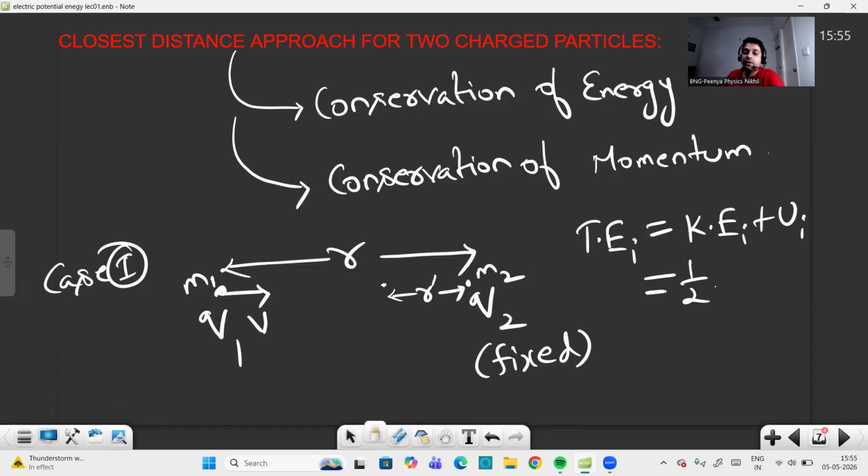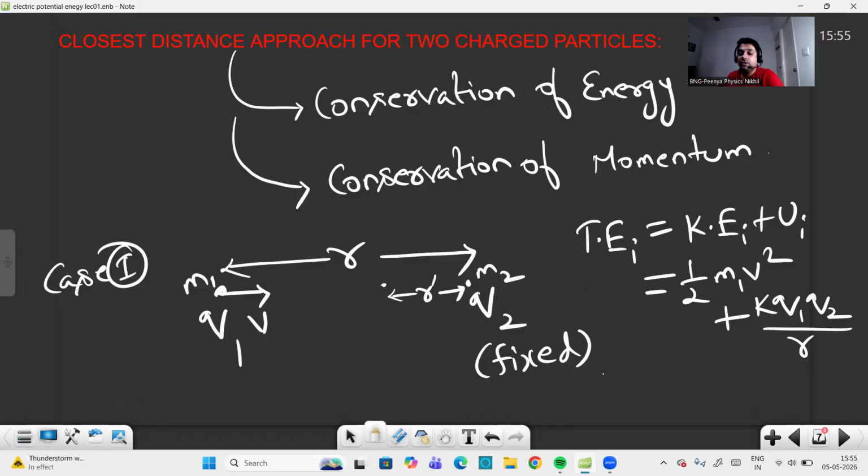So half m1 v square. And because Q2 is fixed, it will not move, so its kinetic energy is 0. Next, what is the initial interaction energy? For two point charges, it can be written as k q1 q2, the initial distance is r, divided by r.